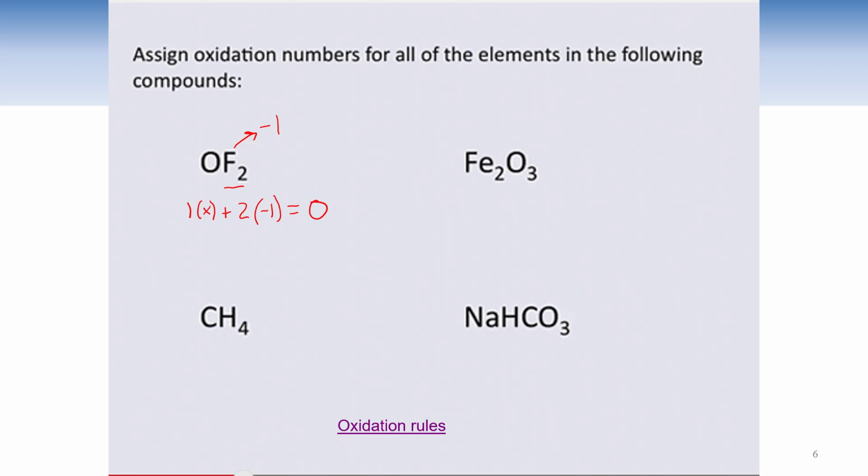The reason why the whole compound is 0 is because there's no charge on this compound. If it did have a charge, we would set it to the charge on that compound. So we have X - 2 equals 0. So X has to equal +2. So the oxidation number on oxygen is +2.